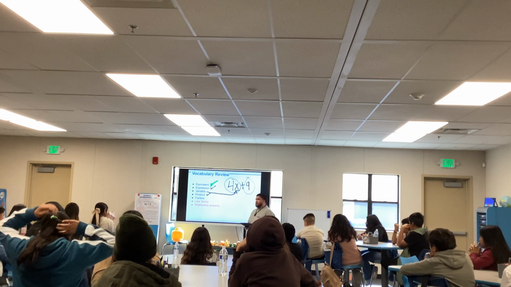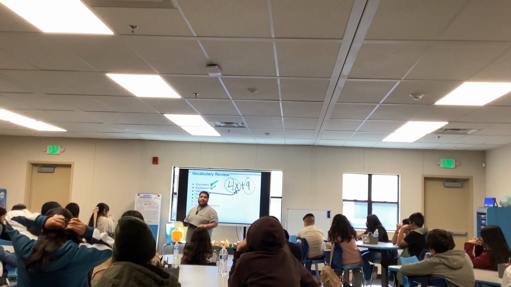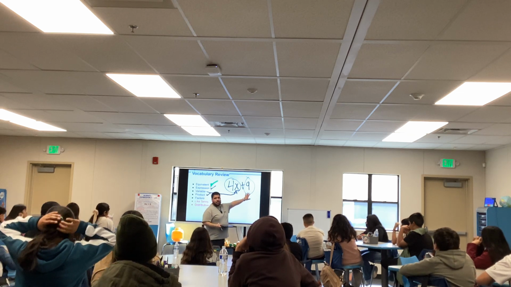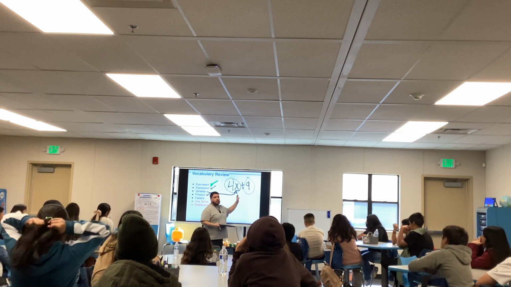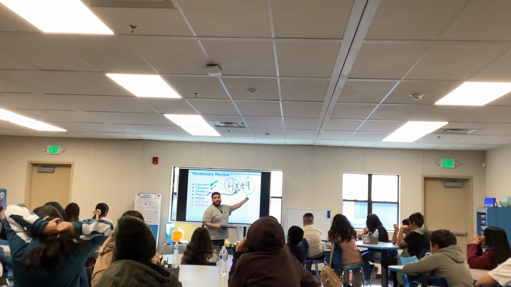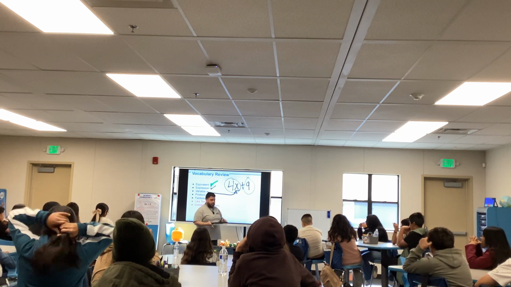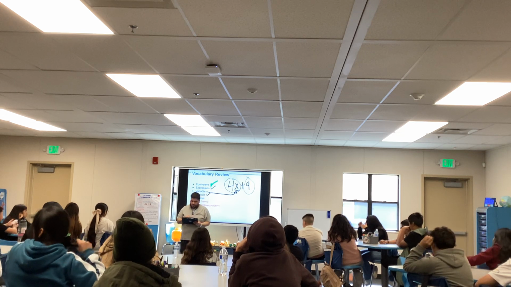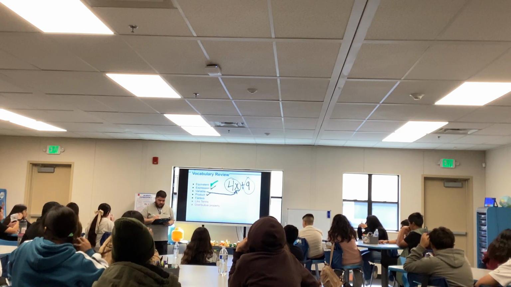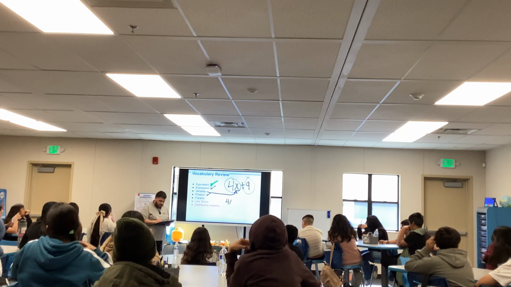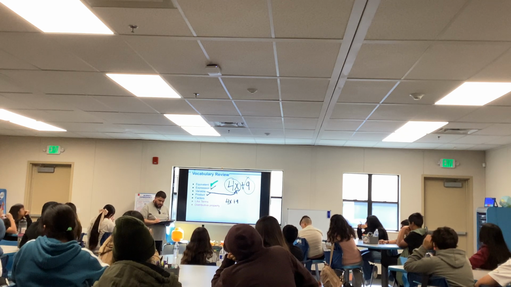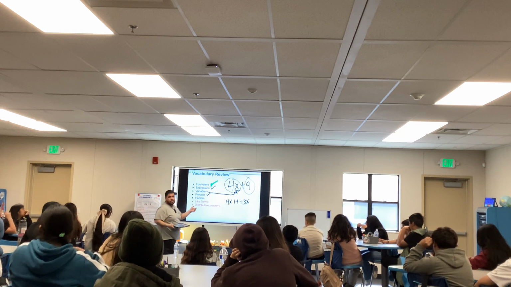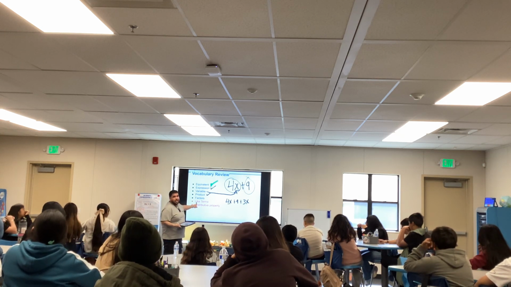Like terms are terms that are the same. For example, I have a 4x and I have a 9. Are these terms the same? No, because one has a variable and one doesn't. Example, if I had 4x plus 9 plus 3x, do I have terms that are alike?